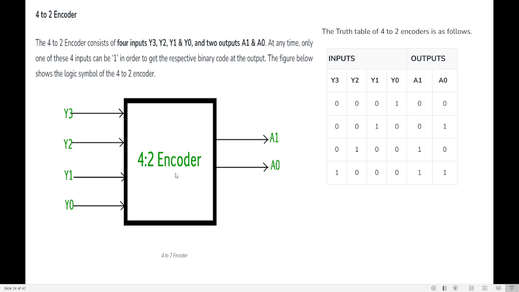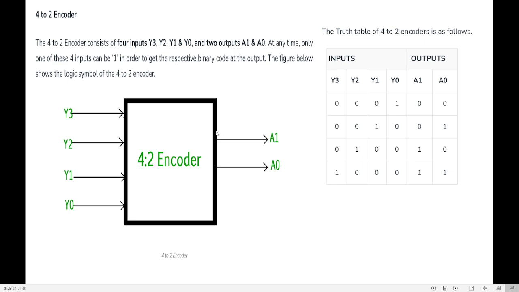In an encoder, you need to remember that at any time, only one of the 4 inputs will be 1. So at any time instant, only one input can be 1. Others will be 0. So see the truth table of the encoder. How many inputs? Y0, Y1, Y2, Y3. And how many outputs? 2 outputs, A0 and A1.